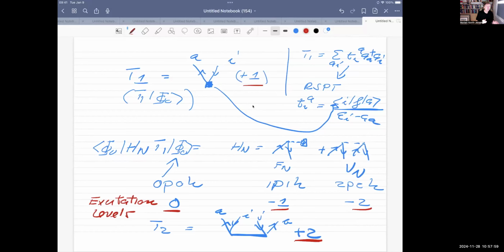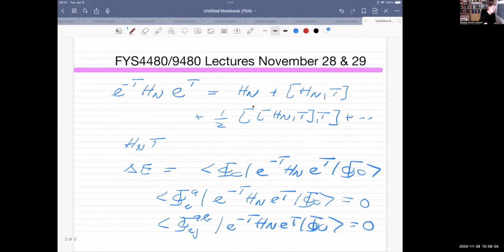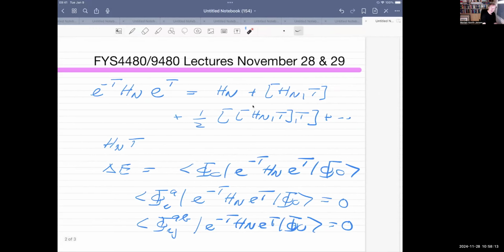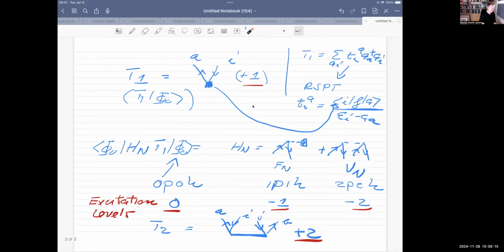So when we now are calculating these types of expectation values, which follow from the application of the Baker-Campbell-Hausdorff expansion, we are ending up with terms which involve Hn times T, T times Hn, etc. And every time they act on a specific ansatz for the ground state, and since we are only interested in expectation values for the correlation energy, that means that we have a vacuum to vacuum transition probability or expectation value.